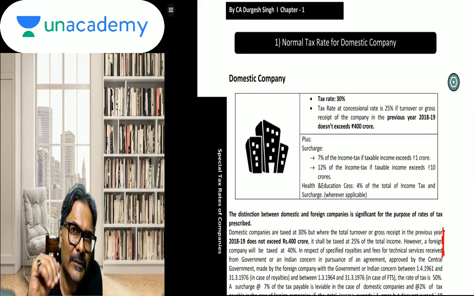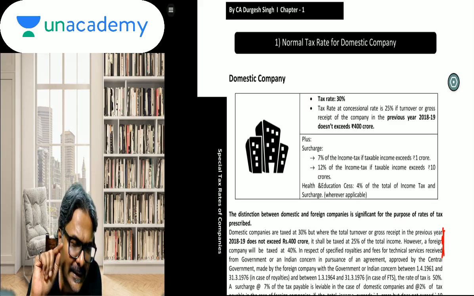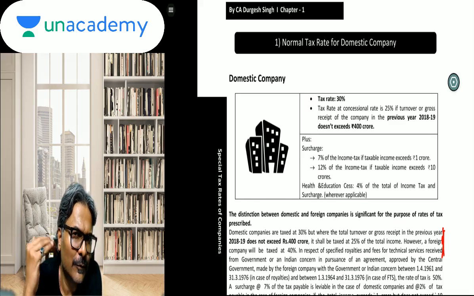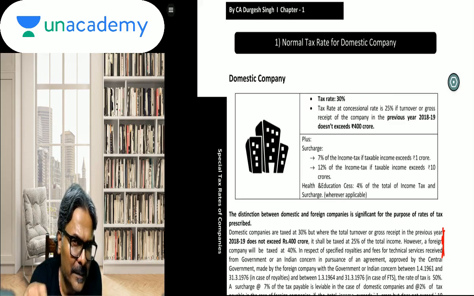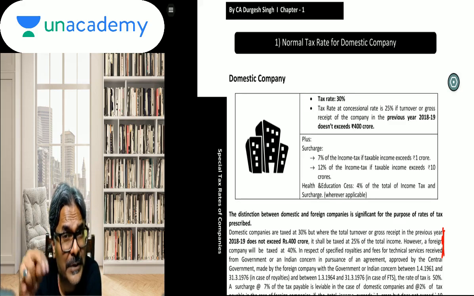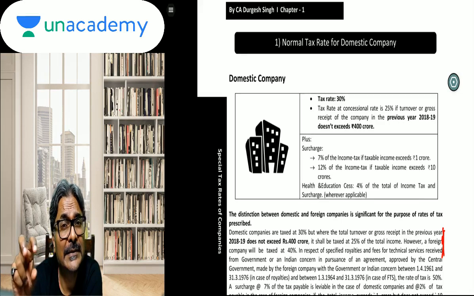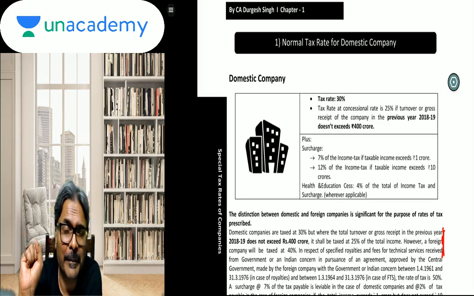So if your turnover for the previous year 18-19 doesn't exceed 400 crores, then in the current previous year, which is previous year 2021, you will be considered as an SME company.